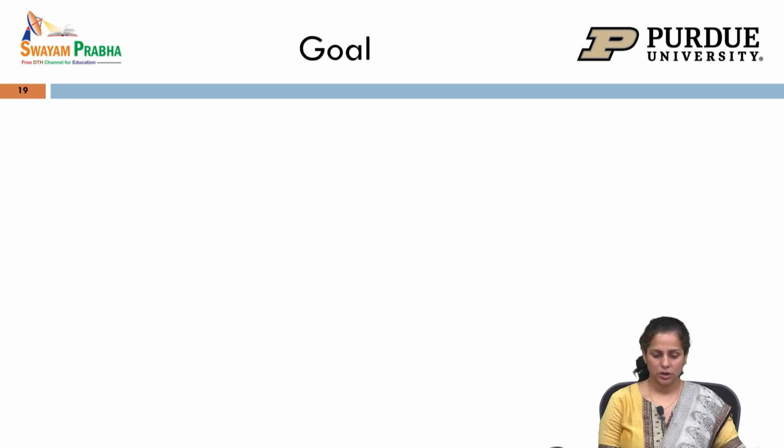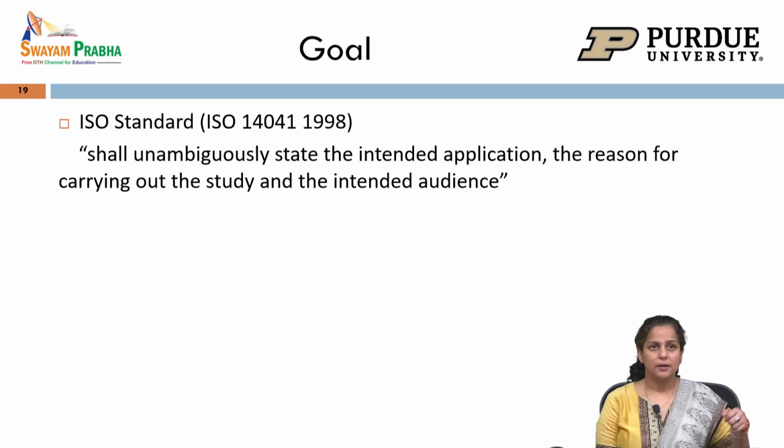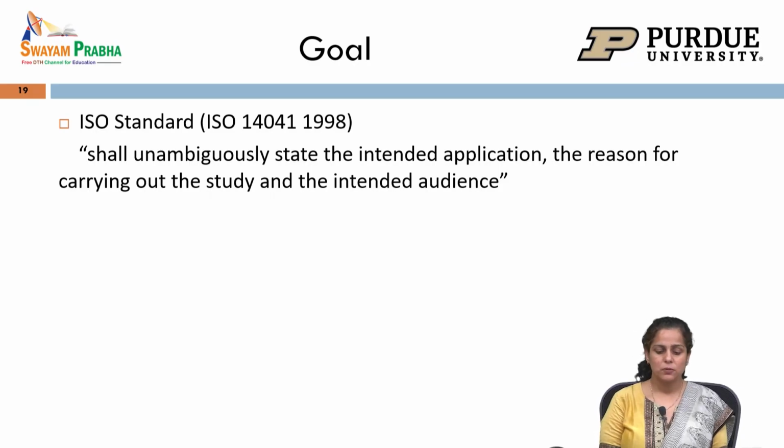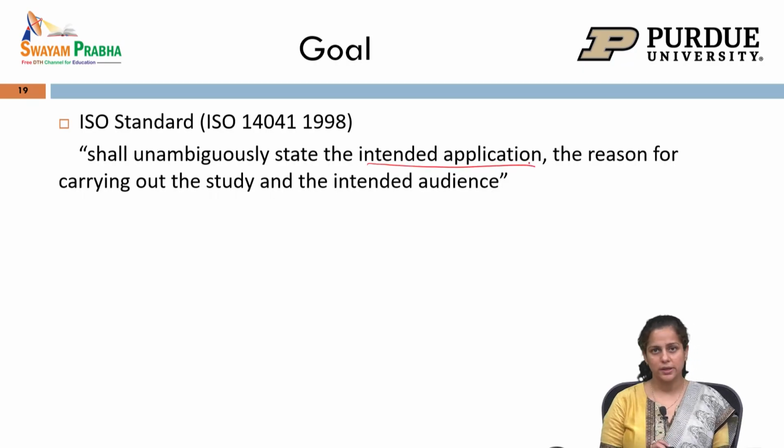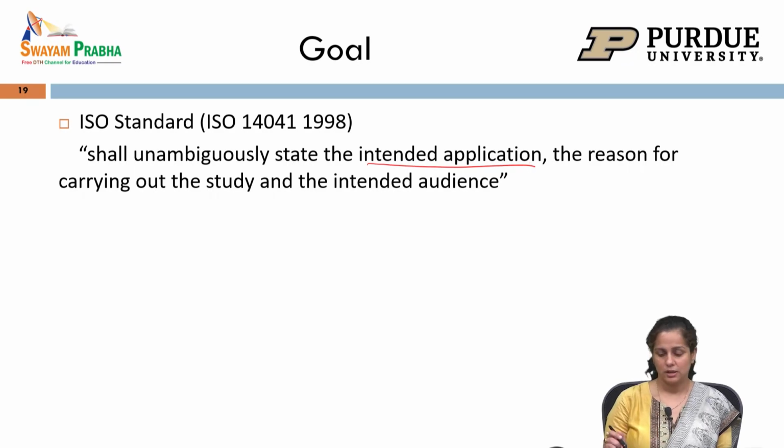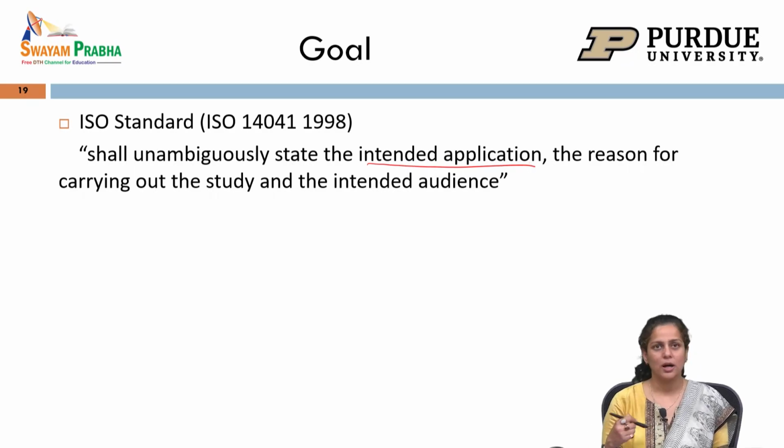So, let us focus on the goal first. What the ISO standard says about the goal is that it shall unambiguously state the intended application, the reason for carrying out the study, and the intended audience. I would want to highlight that there are three very important aspects. One is the intended application: why are you conducting the LCA, and how the model is going to be used.